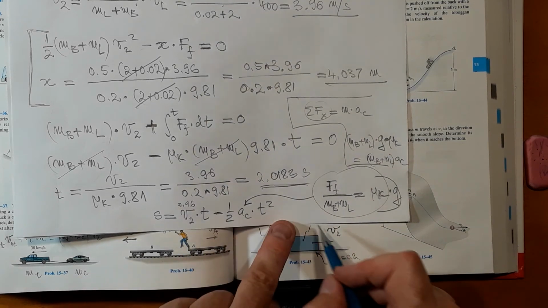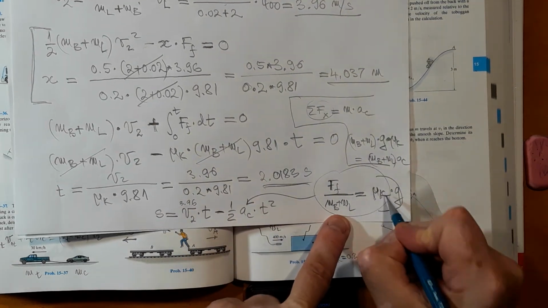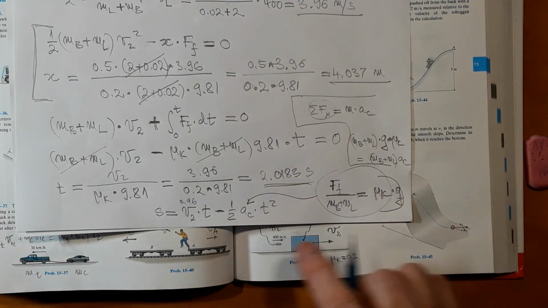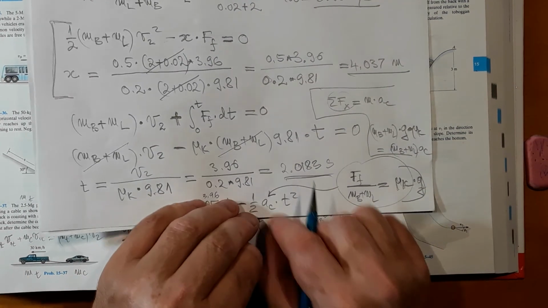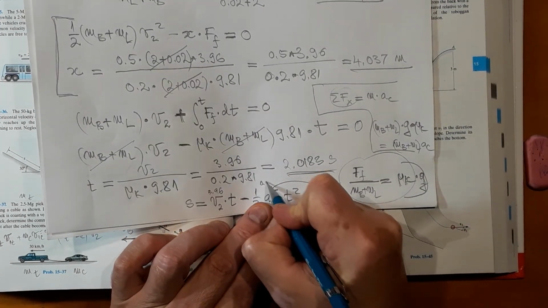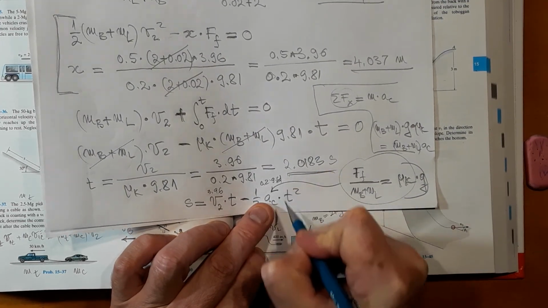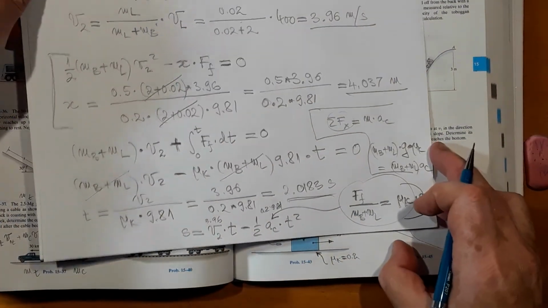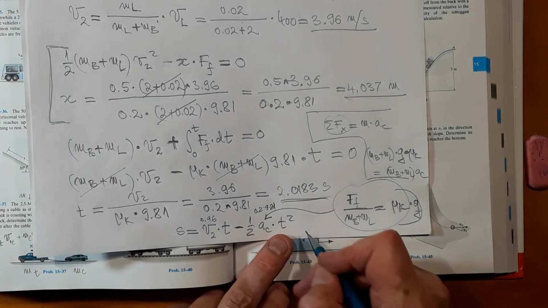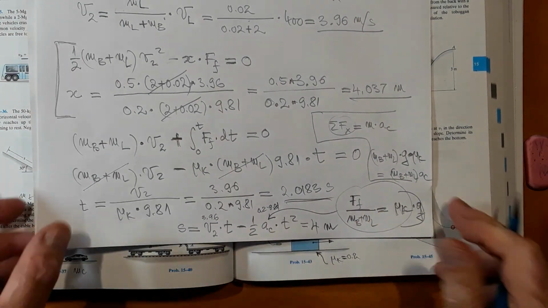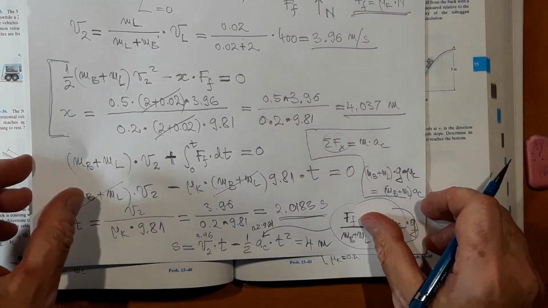So really here I have kinetic coefficient of friction times g. Okay, so it wasn't coefficient of kinetic friction divided by 2, but rather 0.2 times 9.81. All right, and with this you can check, we get the same distance, that's about 4 meters. Okay, so this was the other problem, 1543.